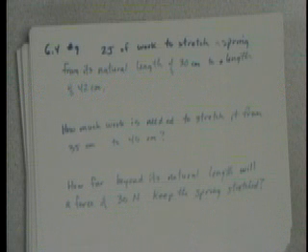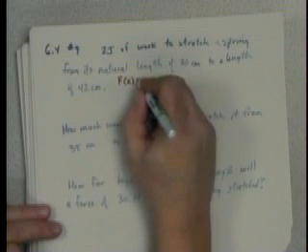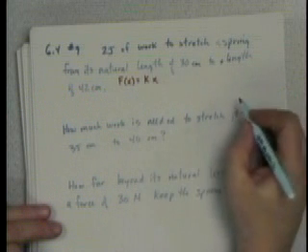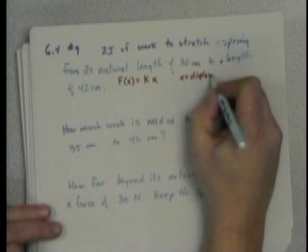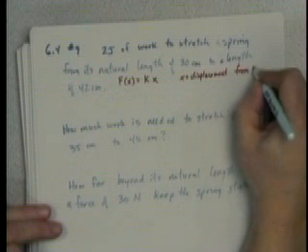Okay, so with springs, we're assuming the force is equal to some constant, the spring constant, times the displacement. But x is the displacement from its natural length.